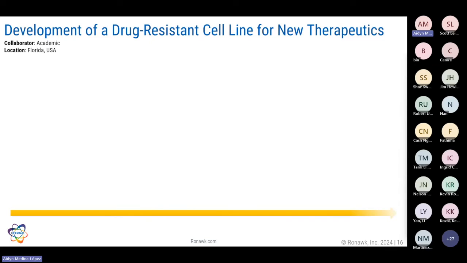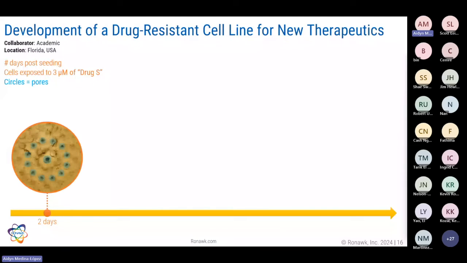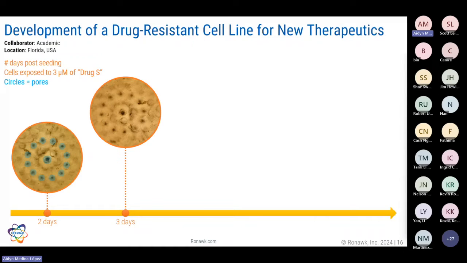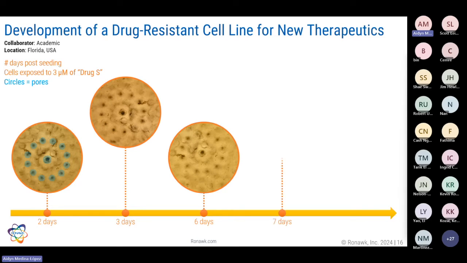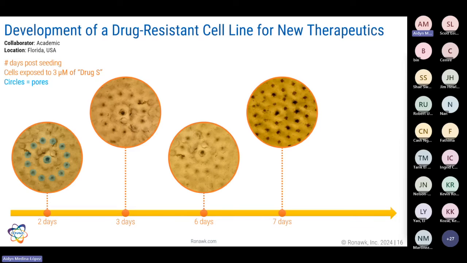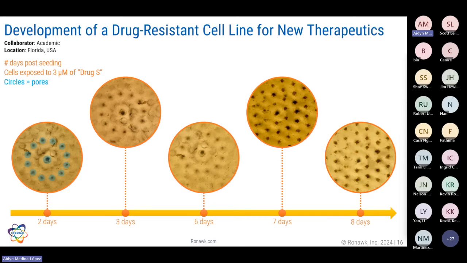What they have seen so far, in terms of cell culture, as a proof of concept, is that cells are getting into the blocks, even though they have been exposed to the drug for the entirety of the culture. And you can see that by day 7, those microchannels were full of cells because of how dark those areas are. And by day 8, almost aggregates were getting out of them.